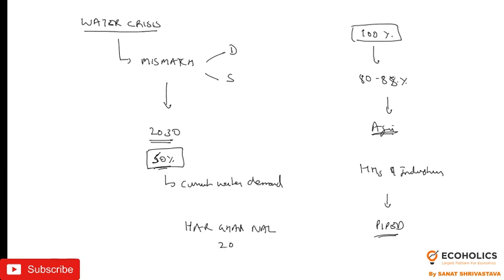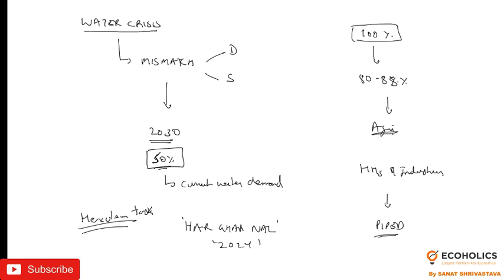The target is to reach this by 2024. So in the next 5 years the government is targeting to provide tap water in every household. Obviously this scheme is very good, but it is a Herculean task. It means a very difficult task for the government to provide Har Ghar Nal.